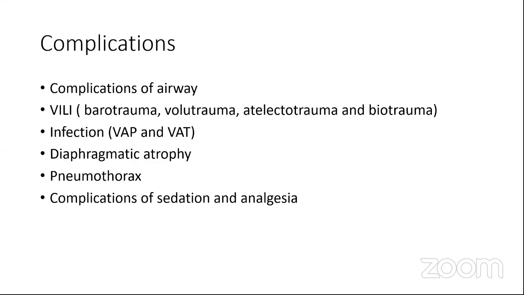It includes diaphragmatic atrophy, which almost always happens very early during mechanical ventilation. When the patient is dependent on mechanical ventilation, his diaphragm tends to thin out and gets weaker, which makes it more difficult to wean him later on from mechanical ventilation.